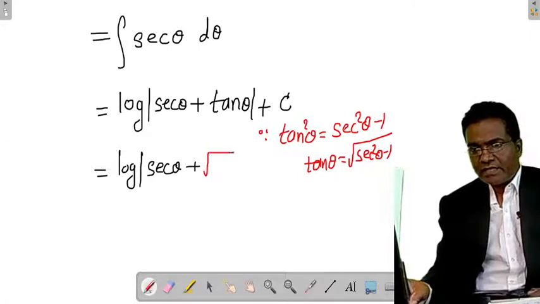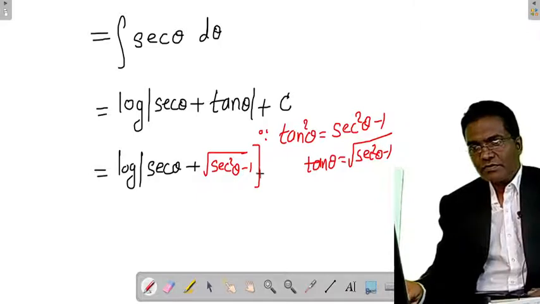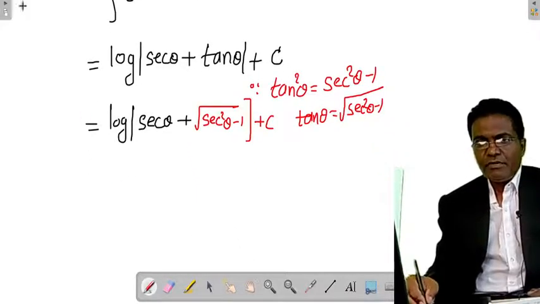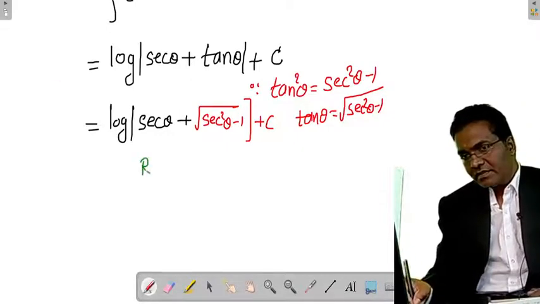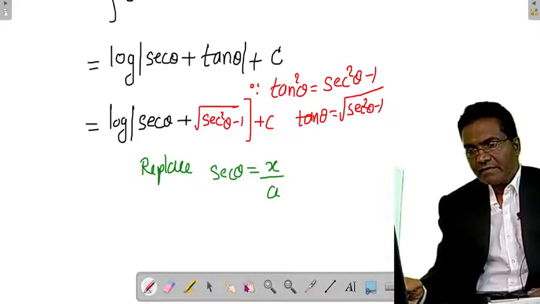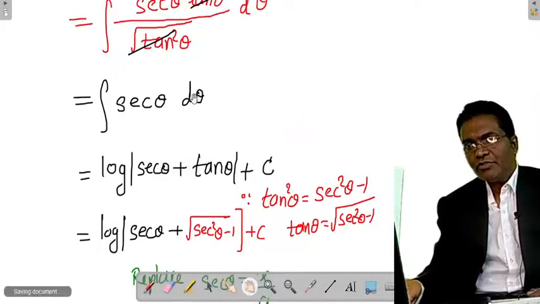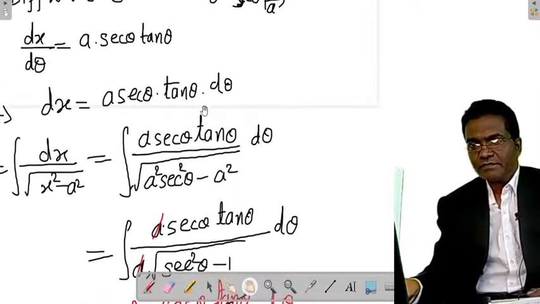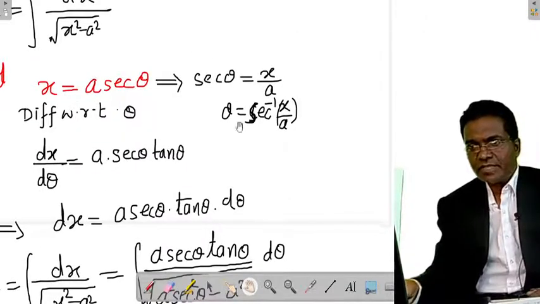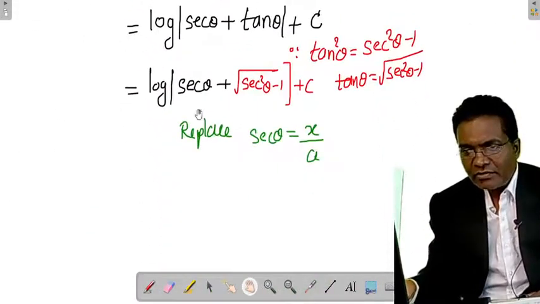So I can write this as log of sec theta plus square root of secant square theta minus 1 plus c. Now you know the value of sec. Replace sec theta is equal to x by a. Why? Because you made this substitution, x is equal to a sec theta, so sec theta is x by a. Okay, so we need to convert in terms of x.